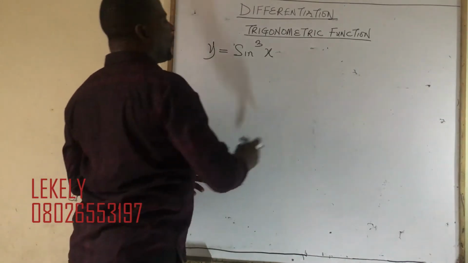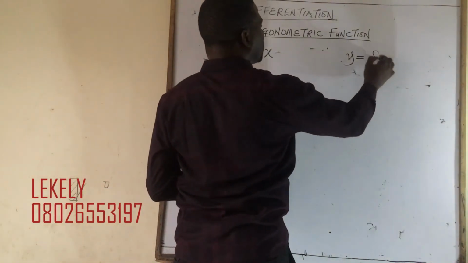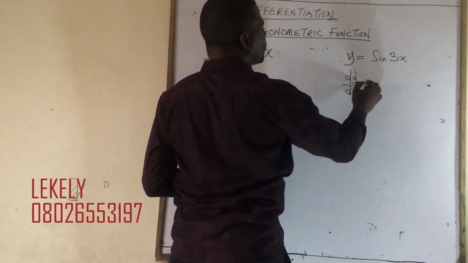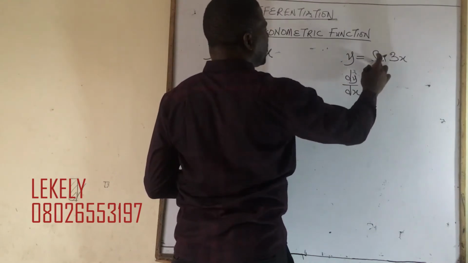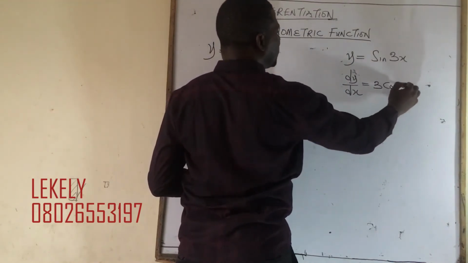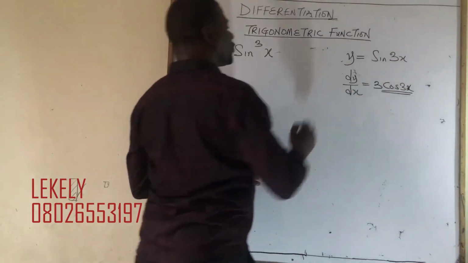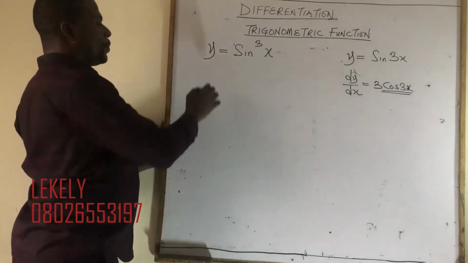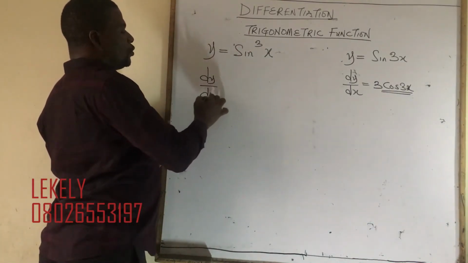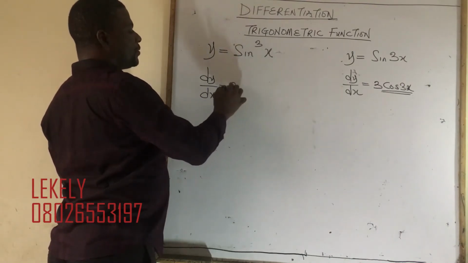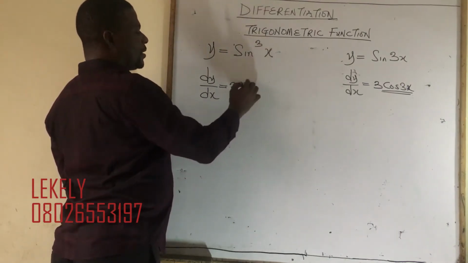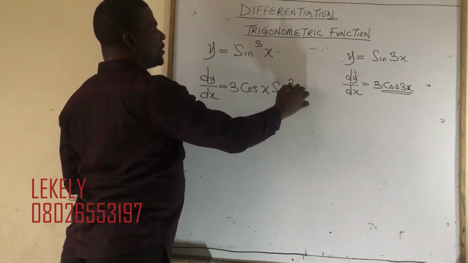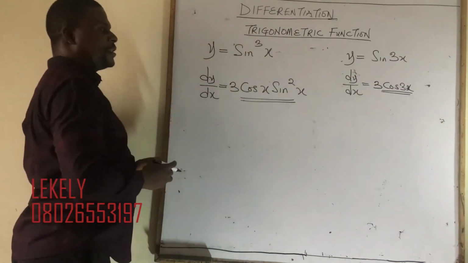So, you know, if I have y equals sine 3x, here my dy dx is going to be differentiate 3x, 3, differentiate sine, cos, then rewrite the 3x. This one is straightforward. But if the power, if it's a power, the 3 is up. Now when you want to differentiate that, your dy dx will be bring down the 3, then differentiate sine x, that will give you cos x, then minus 1 from this 3, that will give you sine x squared. That's the answer. You see that?